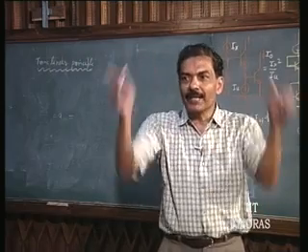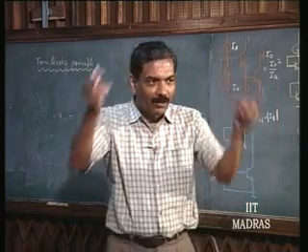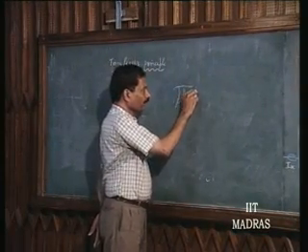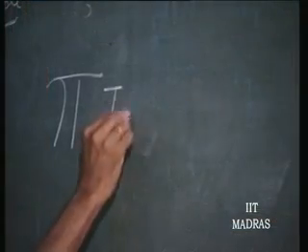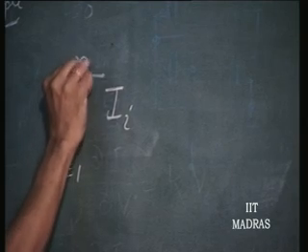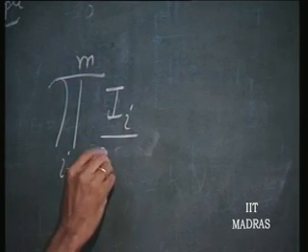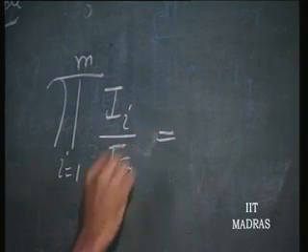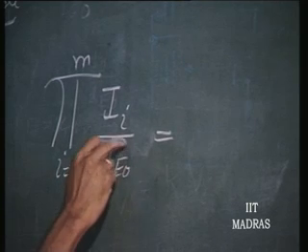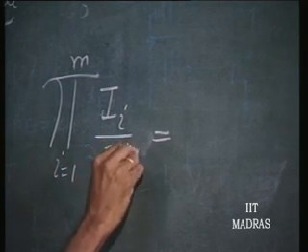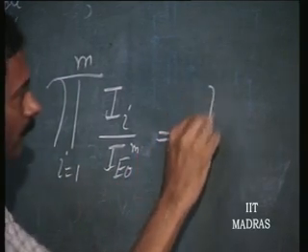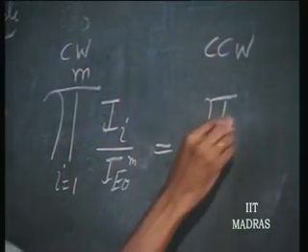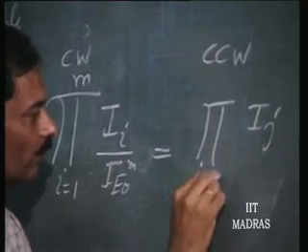So, this is the reason for having equal number of transistors or diodes in clockwise direction and anti-clockwise direction, forming a loop, and therefore, we set product of Ii, i equal to 1 to m, divided by IE naught to the power m, in the clockwise direction, equal to the product of Ij, j equal to 1 to m, in the counter clockwise direction.